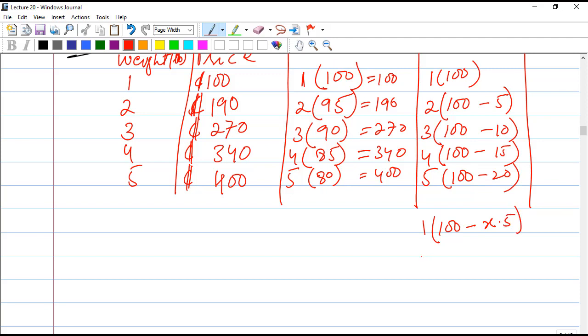So if I do it like this, 2 into 100 minus 2 x dot 5.